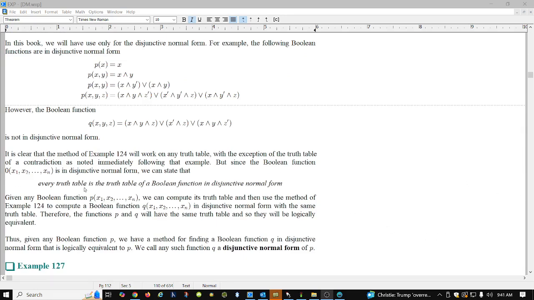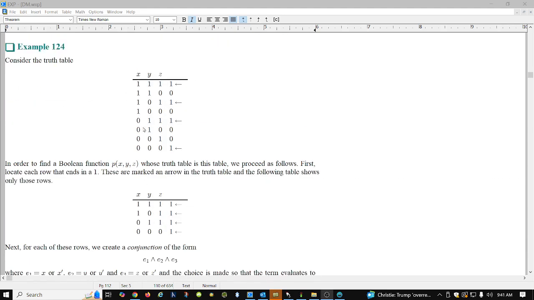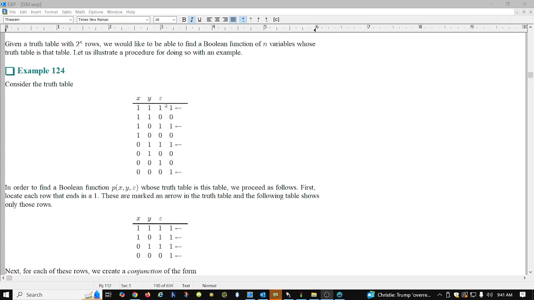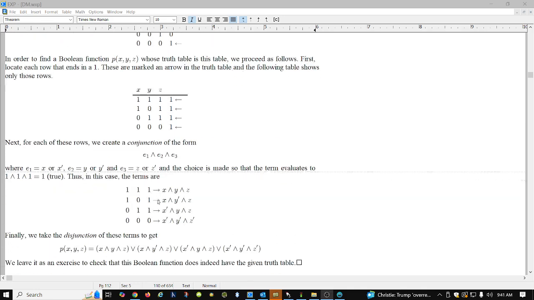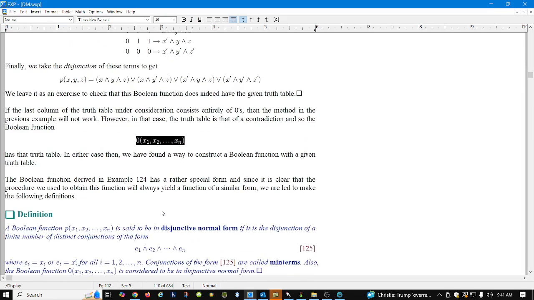So the method of this previous example shows pretty clearly that it's going to work for any truth table. In particular, as long as there's a 1 in the last column, you'll have some rows and you'll have something to work with. Again, if it's all zeros, then by our convention, the zero Boolean function takes care of that case.